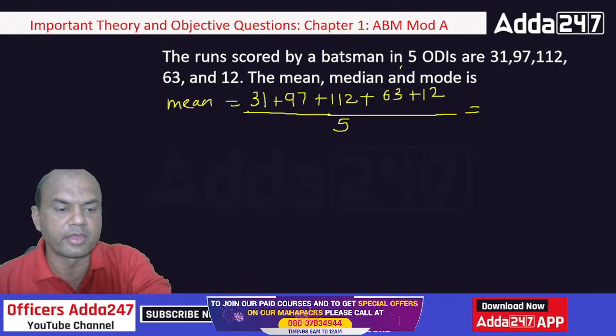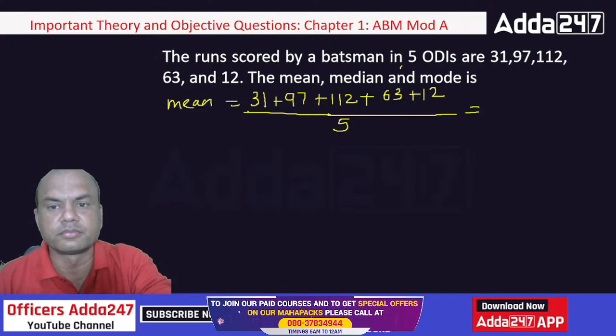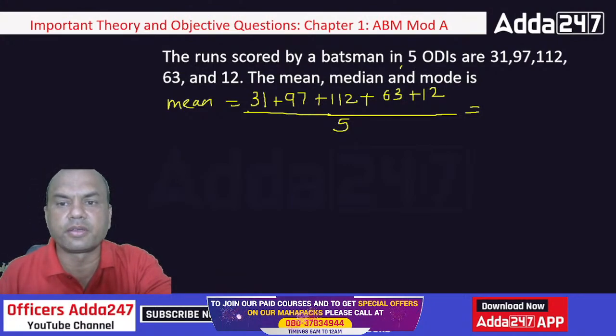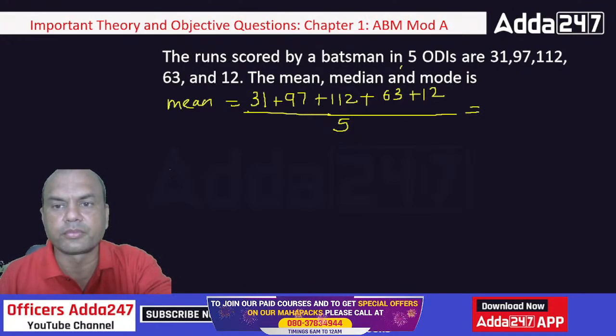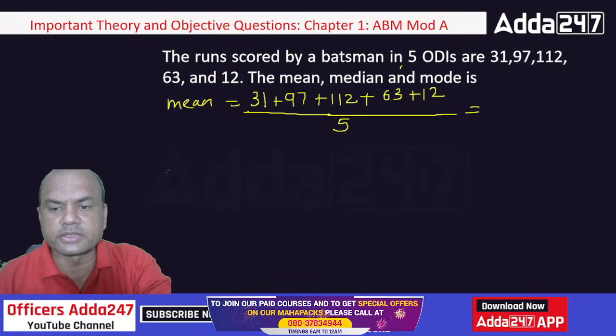Let's do it, everyone. So it is 31 plus 97 plus 112 plus 63 plus 12.